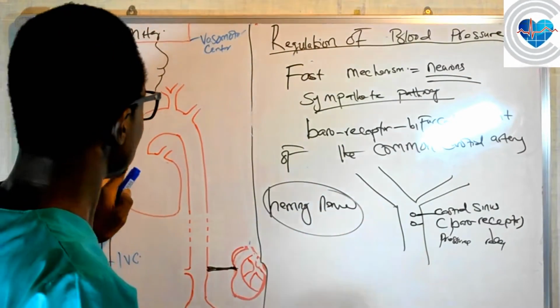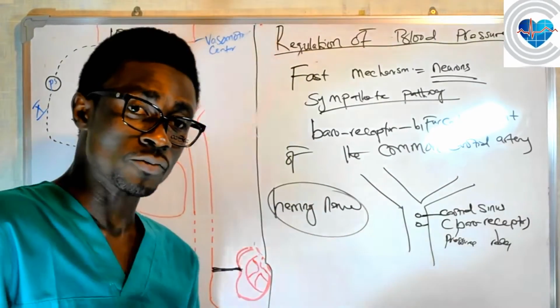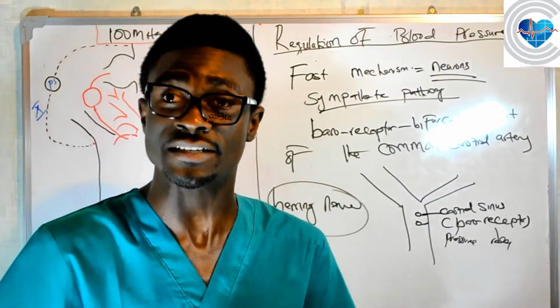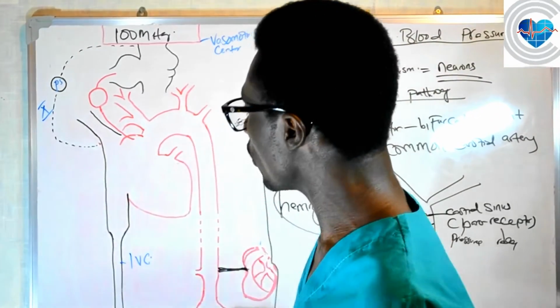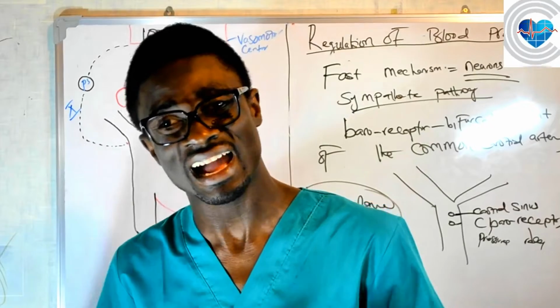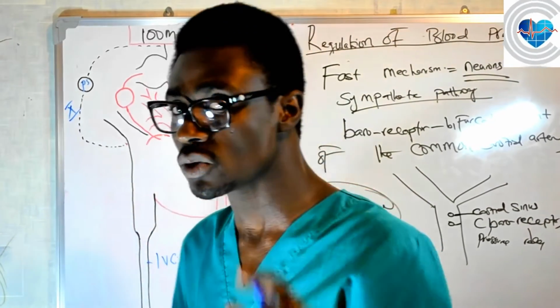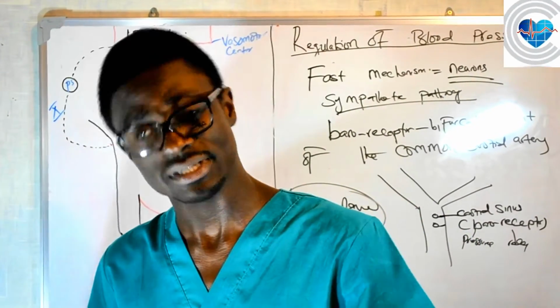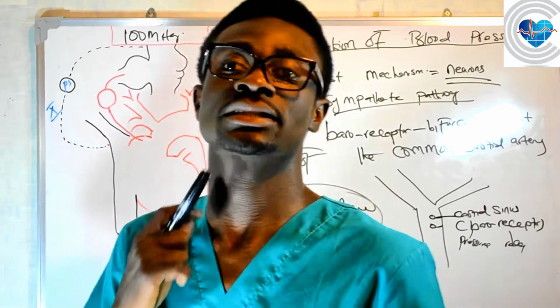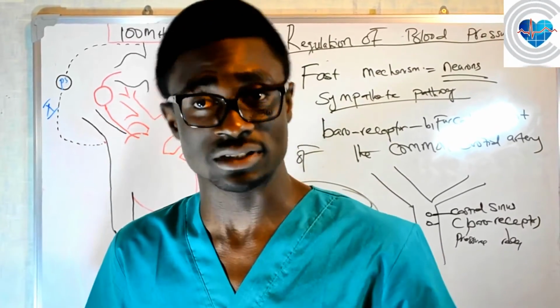You understand? Because from your normal knowledge of the electrical activities of the heart, you know that there are the SA node as well as the AV node found in the heart, and they are innervated by both sympathetic and parasympathetic fibers.